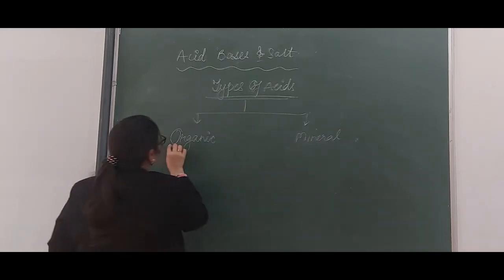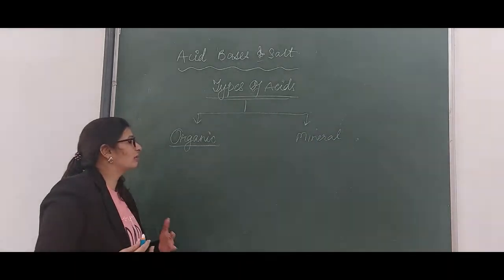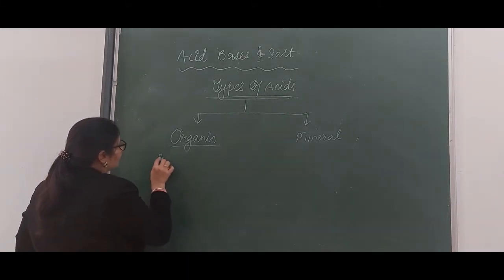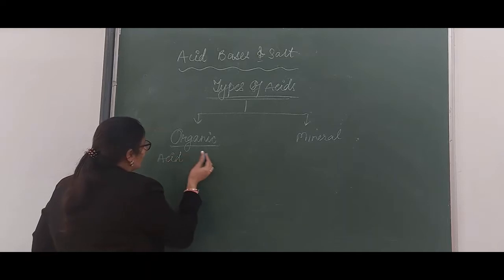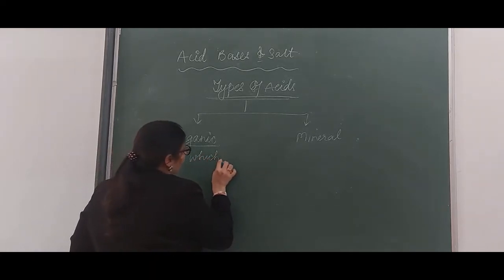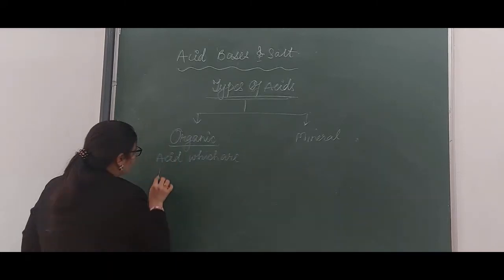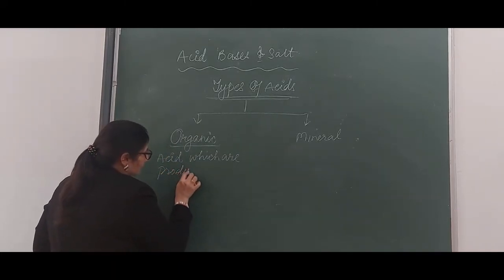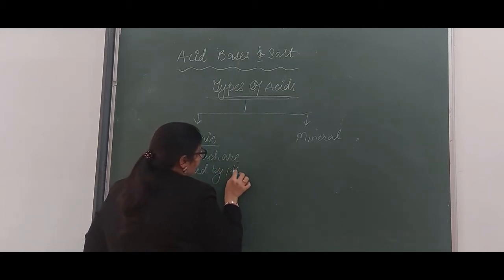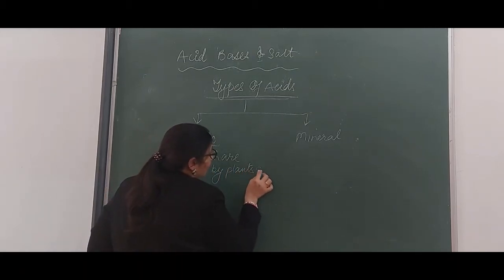As the name suggests, organic means which is related to life, right? Organic acids are acids which are produced by plants and animals.